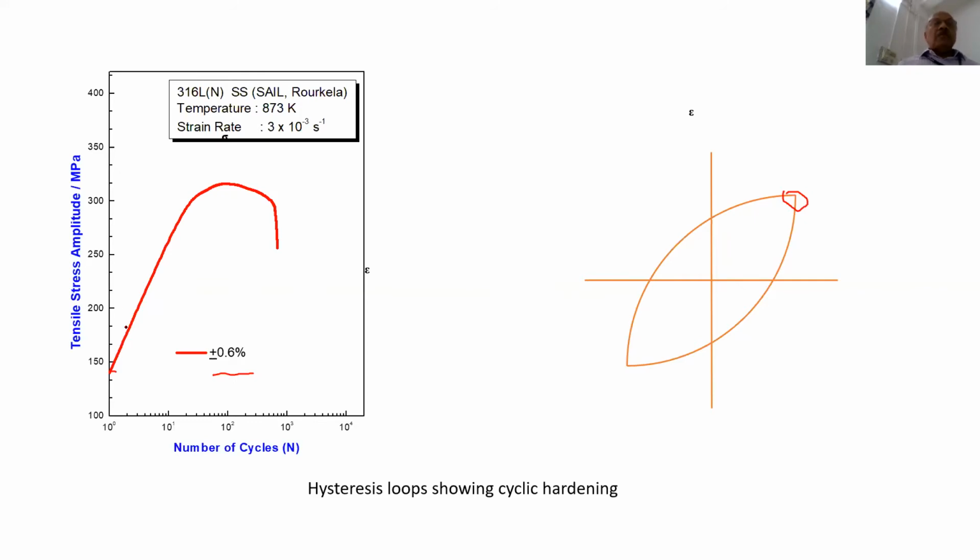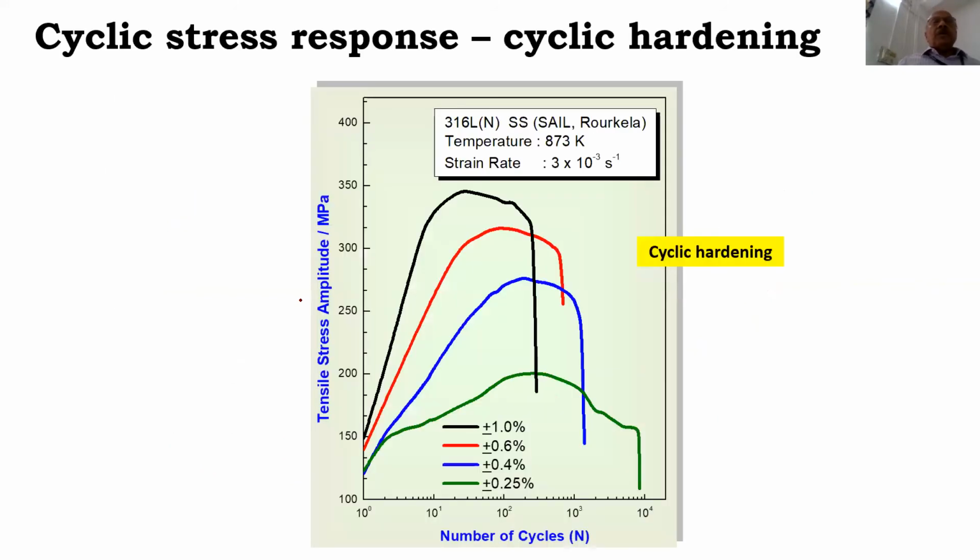So this is what is called the stress response curve. That is how the stress responds to the fatigue cycles, and this will represent the failure number of cycles. Depending upon the strain rate, the response or behavior of the material is different. And this is what is called hardening, cyclic hardening.